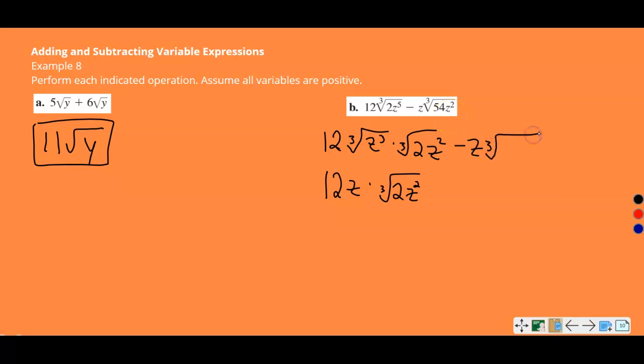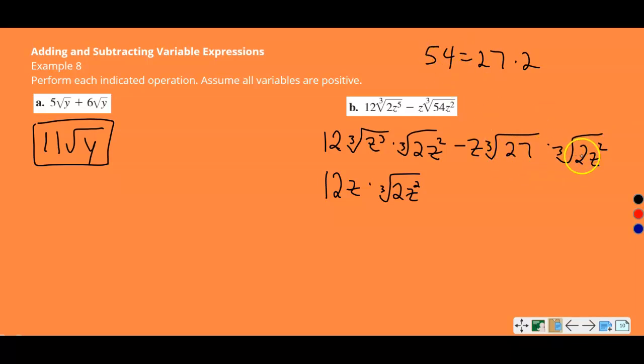Again, I'm only going to put the numbers that are a perfect cube to begin with. 54, I know 54 is 27 times 2. 27 is 3 cubed. So I'm going to put cube root of 27 and then times the cube root of 2z squared. And 27 times 2, again, is 54.